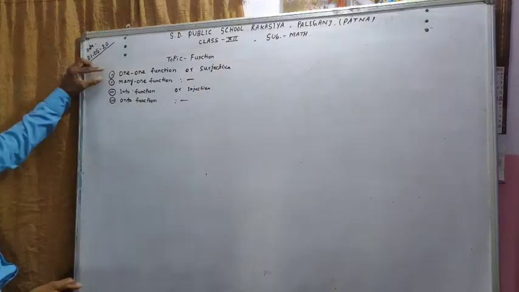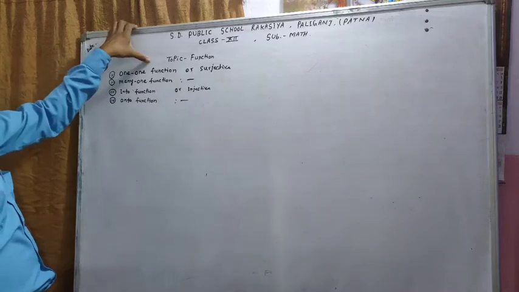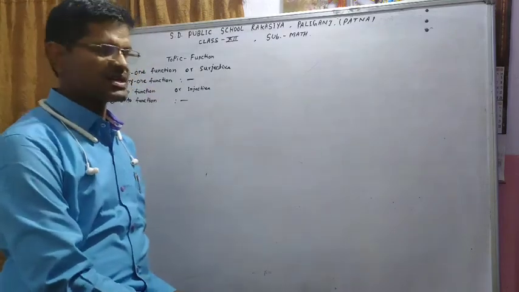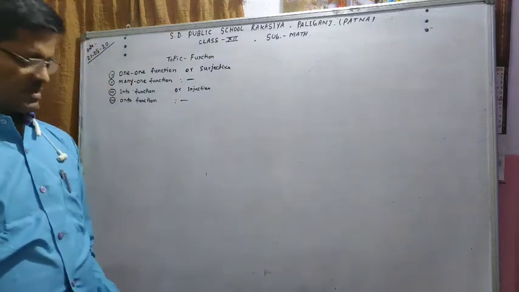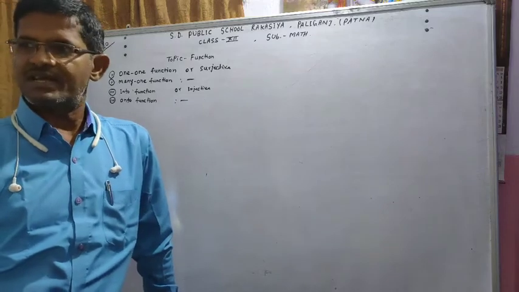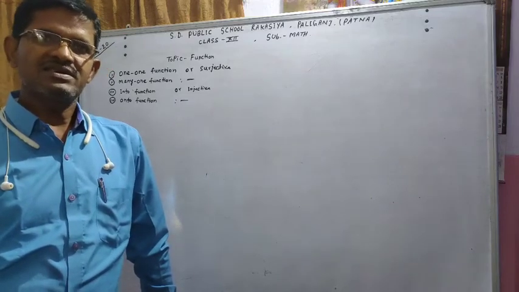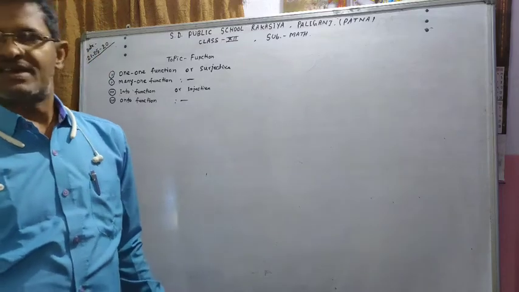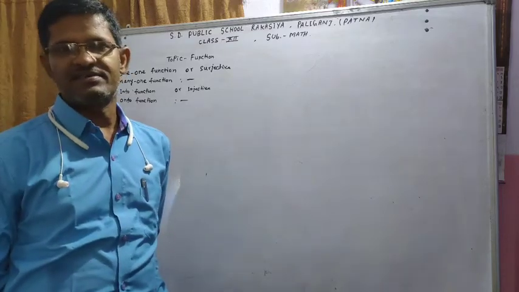First of all, we have to read one-one function. According to the definition of the function, every element of set A is related with only one element in set B, then the function is defined.